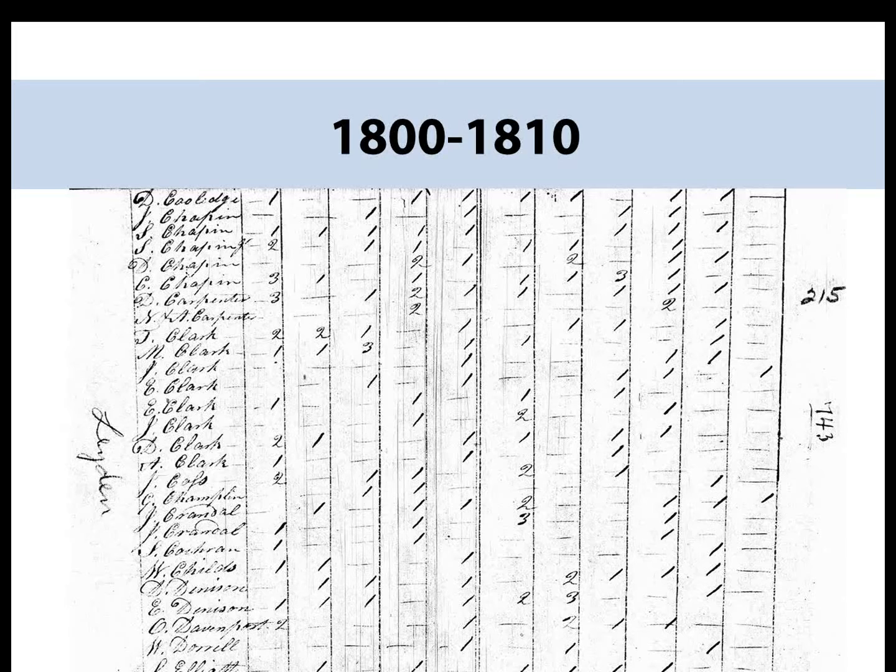Those folks were just counted. Now, if we're speaking about free white males and females, those categories are divided into under 10, 10 to 15, 16 to 25, 26 to 44, and then 45 plus. So while it's not a great representation of the family household, this information can be used to learn a little bit more about your family members.